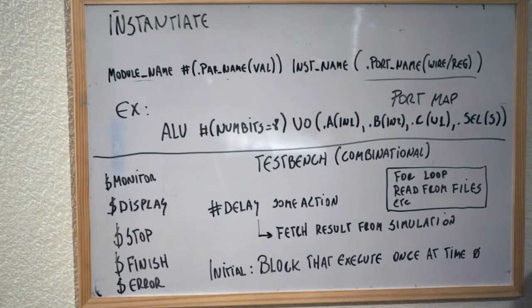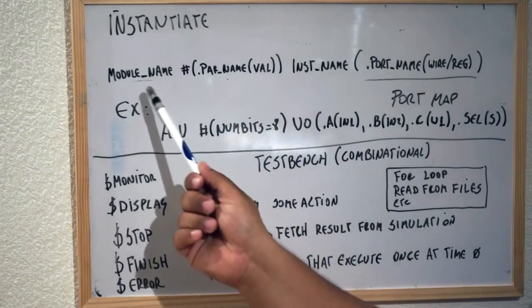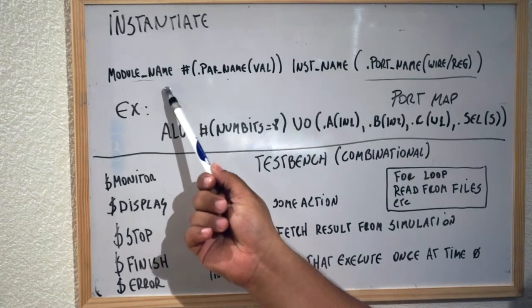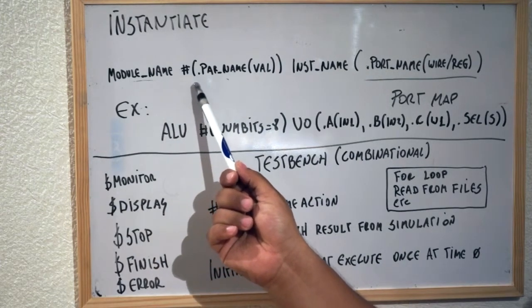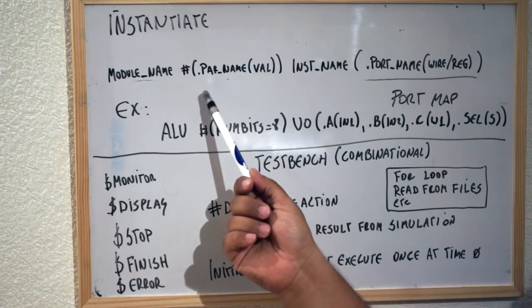The first one is to learn how to instantiate a circuit. As I said before, the first thing we need to do in our test bench is to instantiate the circuit that we're going to test. In order to instantiate a circuit, we use the module name of the circuit. This symbol here indicates that you're going to put parameters as well. By the way, this is optional.